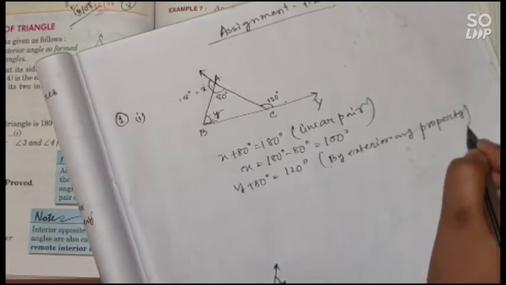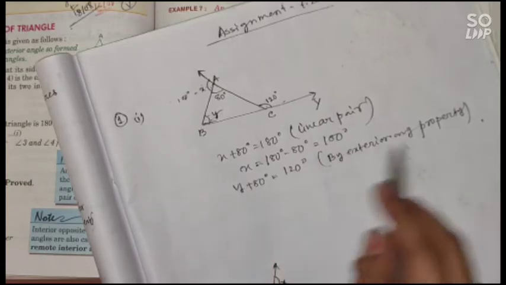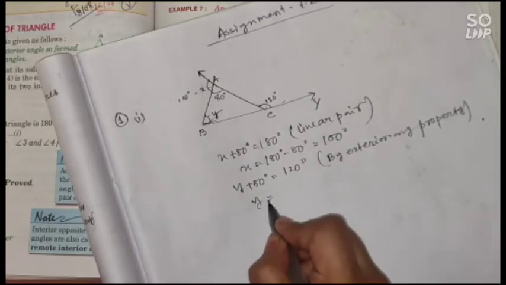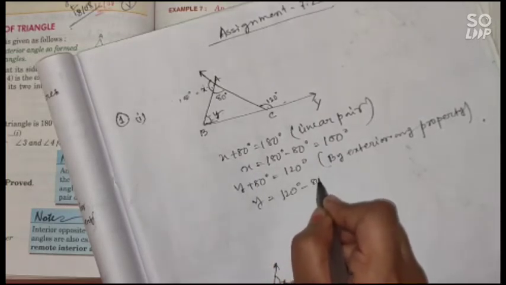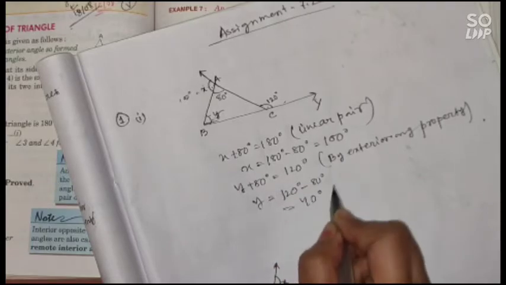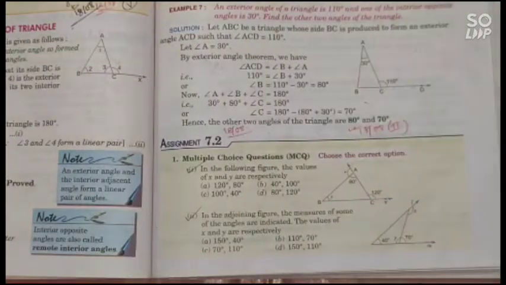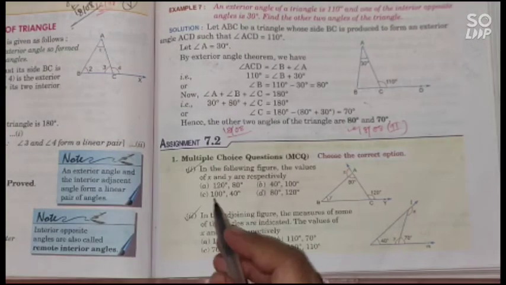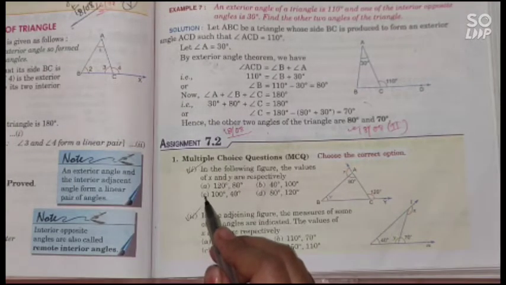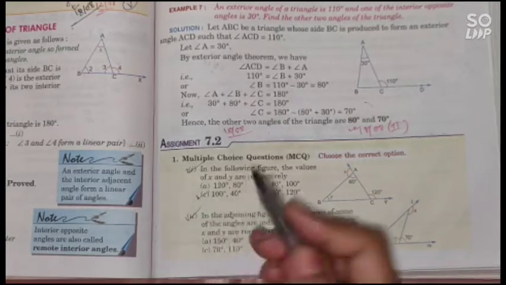In your previous class, you have learned the exterior angle property of triangle. So y equal to 120 minus 80, that is 40 degree. So the value of x is 100 degree, value of y is 40 degree. 100 degree and 40 degree, this is the correct option.